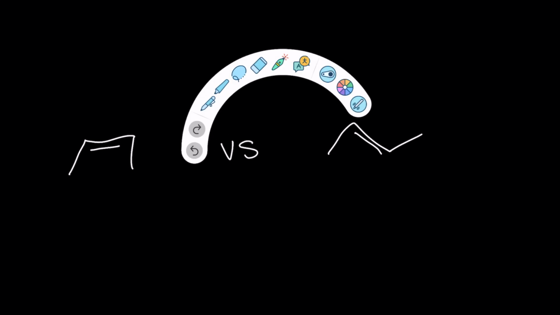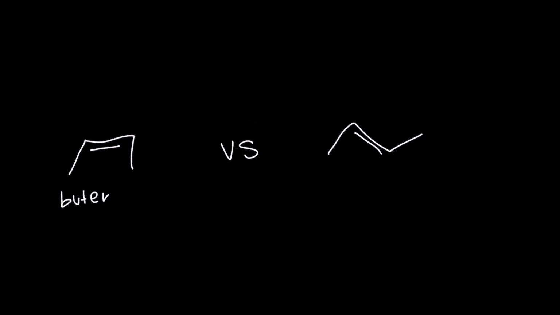if you compared maybe this molecule with this molecule, now this is butene, and so is this. This is also butene. But the only difference is that this is in a trans configuration. So this is trans butene, and this is a cis configuration.